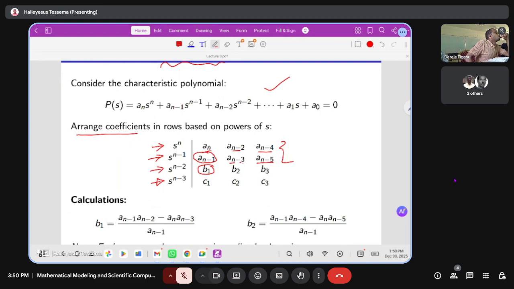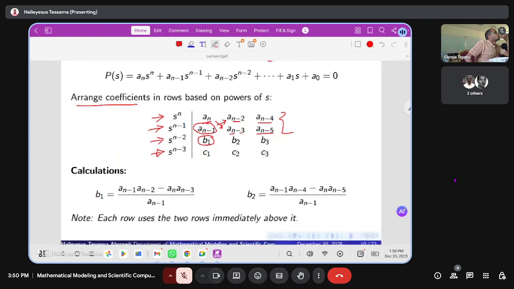B1 is obtained as a_(n-1) times a_(n-2) minus a_n times a_(n-3), over a_(n-1).